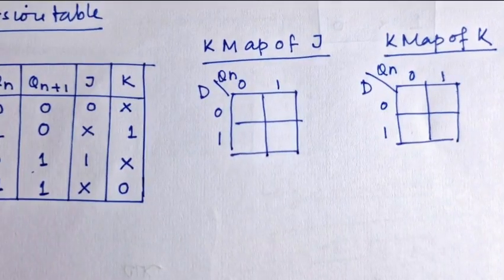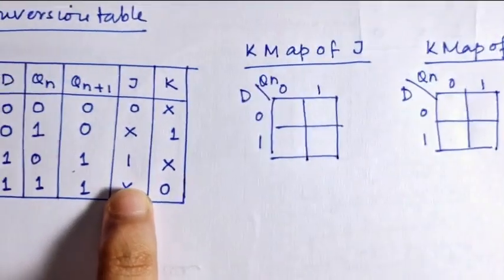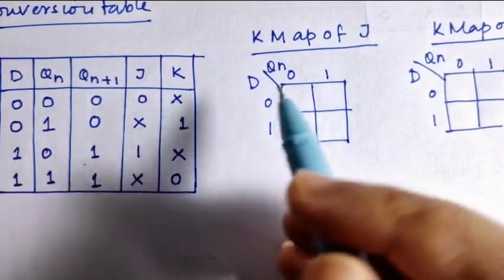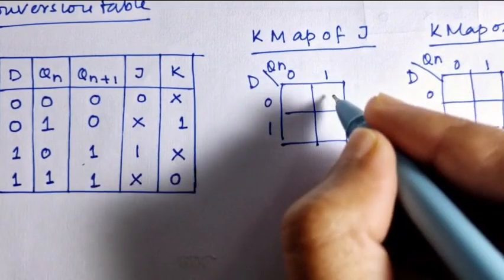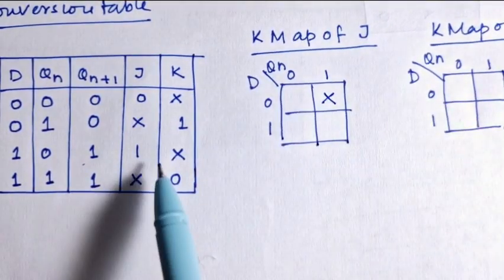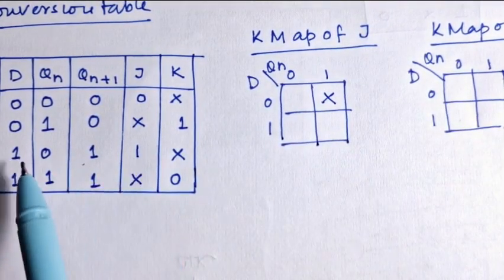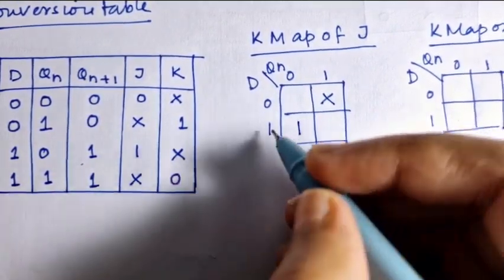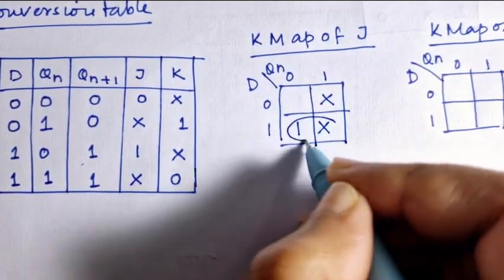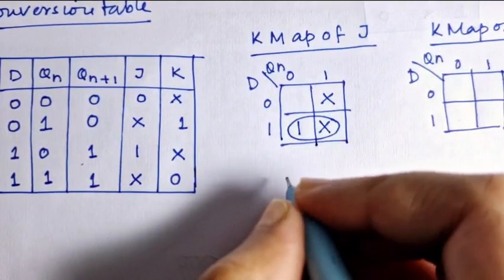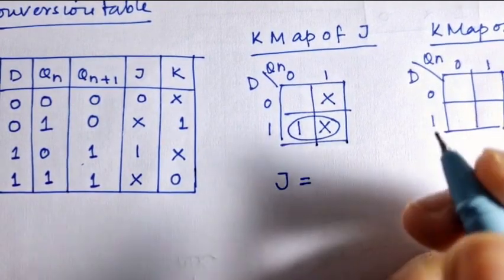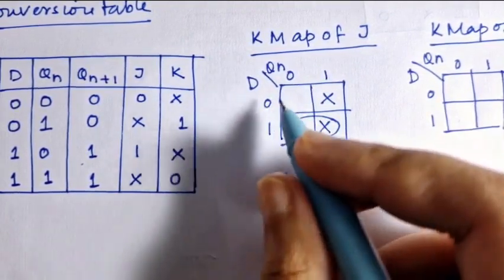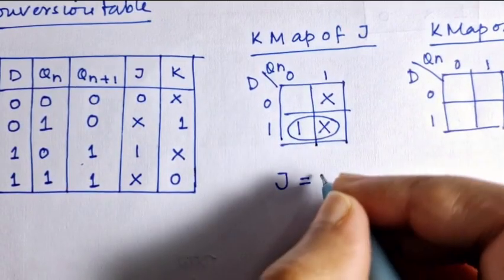In the J column, for D 0 and Qn 0 there is a 0, for D 0 and Qn 1 there is a don't care, then 1 for D 1 and Qn 0, and another don't care for D 1 and Qn 1. So we'll make a loop including the 1. Thus J becomes the common variable, that is D.